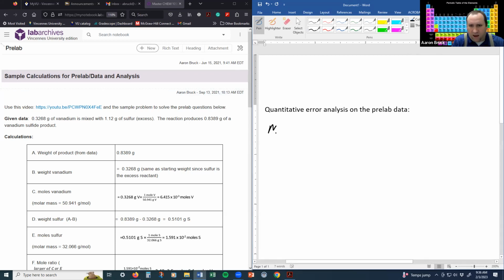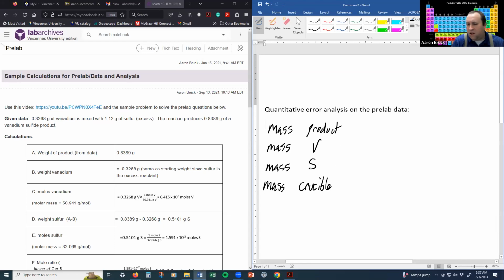So I have a mass of product. I have a mass of vanadium, and I have a mass of sulfur. And then I also would have a mass of the vessel. We can assume it's a crucible in this case as well.